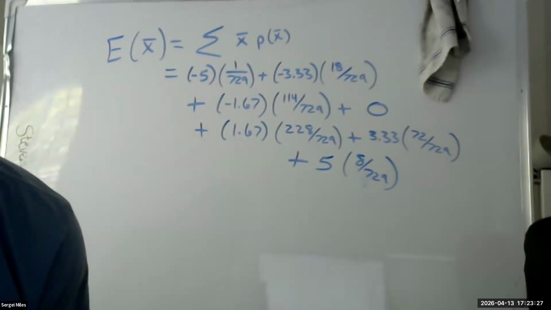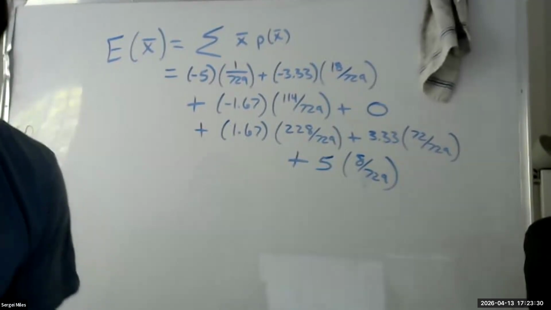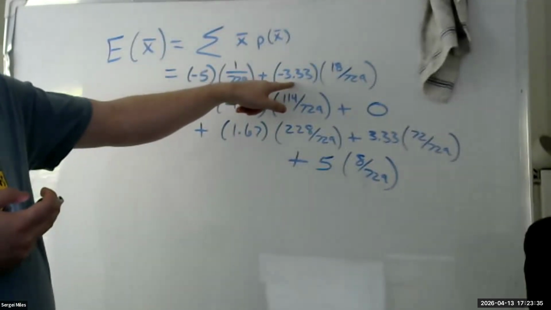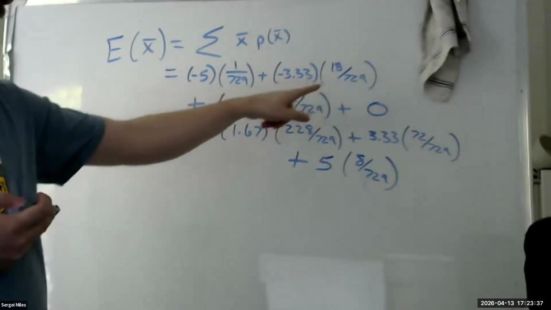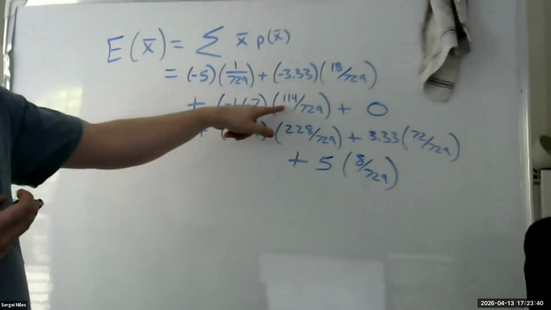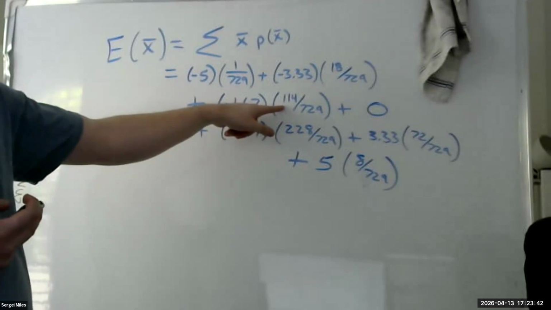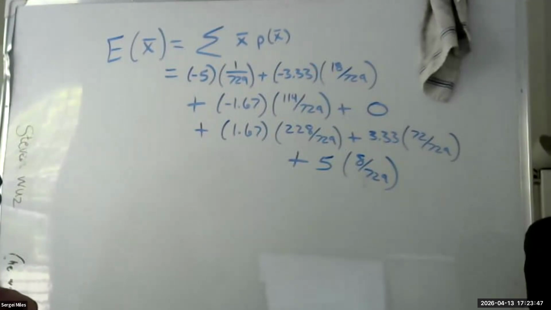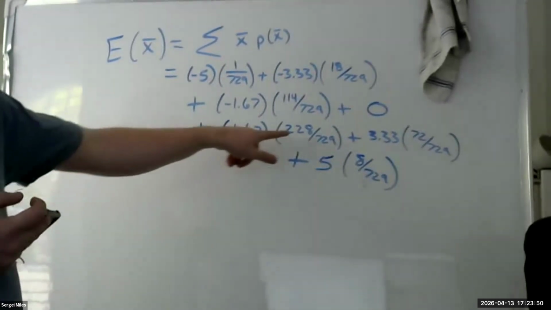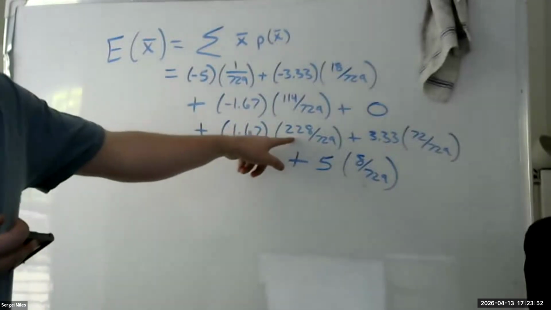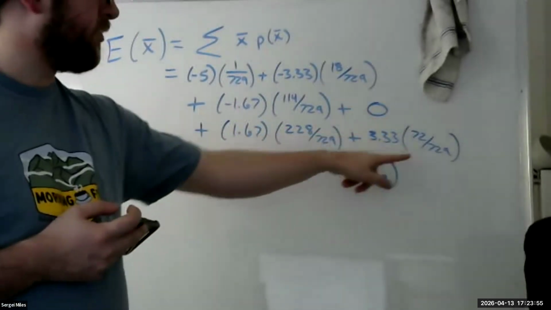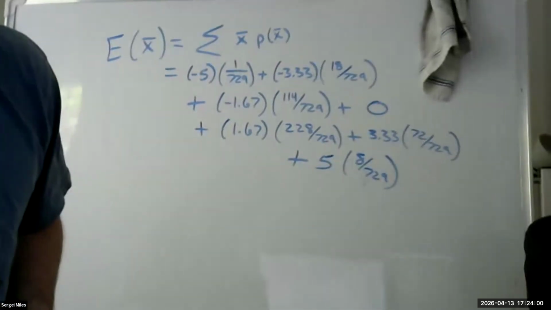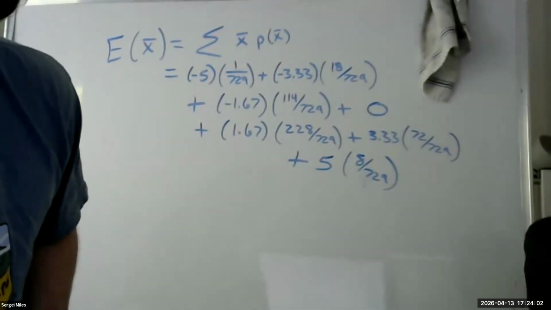I copied something wrong here. -5 times 1 over 729 plus 3.33 times 18 plus -1.67, 114 over 729 plus the 0 plus 1.67, 3.33 times 72 over 729 plus 5 times 8 over 729. Okay, yeah, I made a little mistake when I was typing this in on my phone.